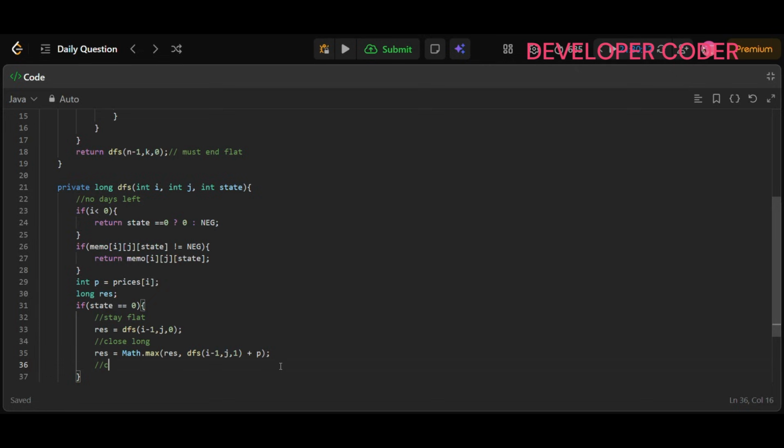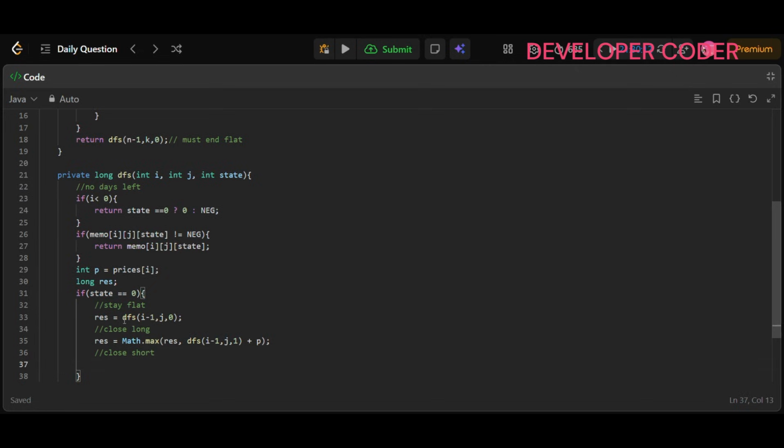And here if you close short, if you notice, this is nothing but this result passing here, and I am taking the max, so I still have the best result in the result. Now again I am going to update the result with math dot max of the old result that I have until now.